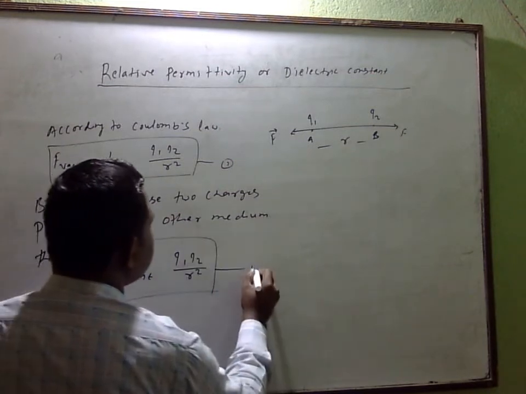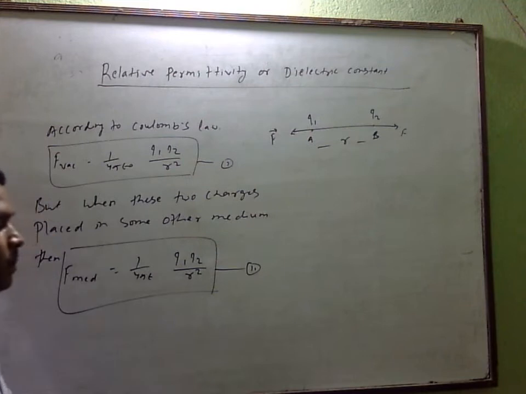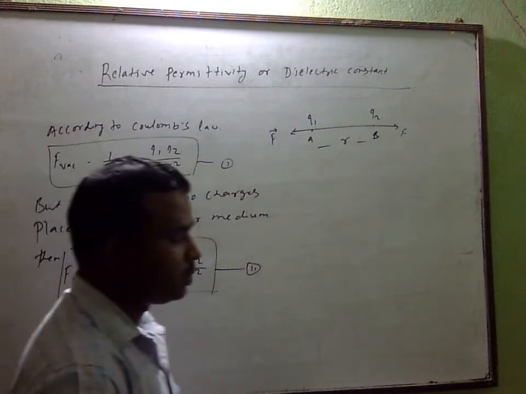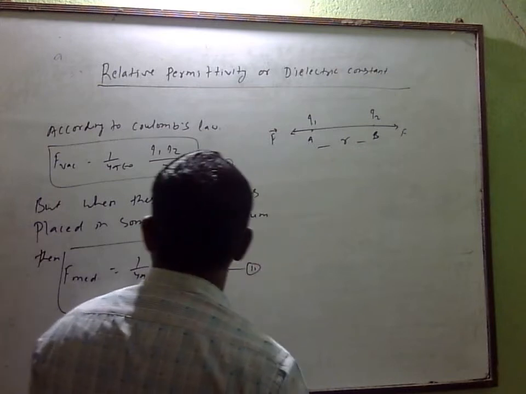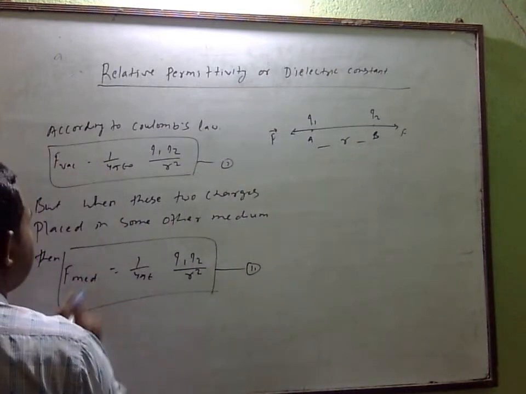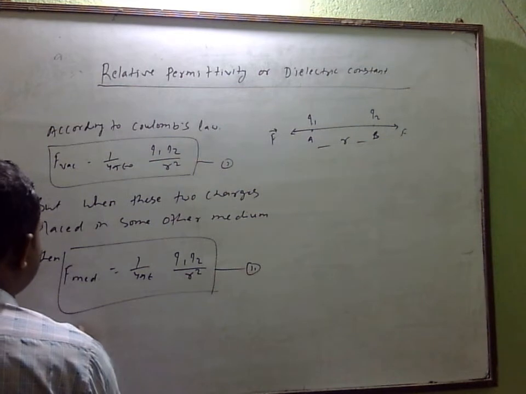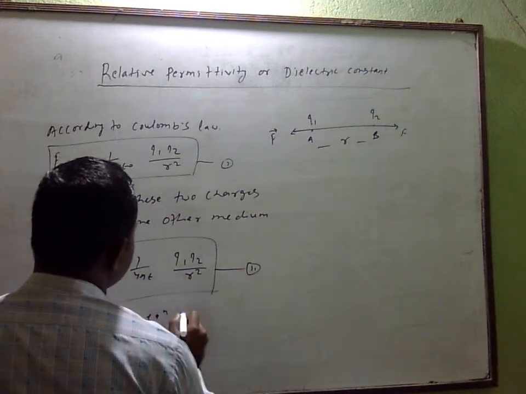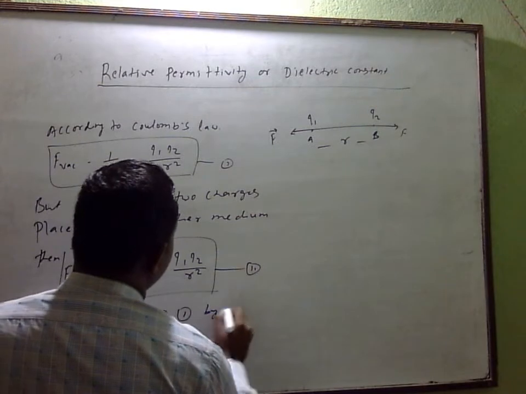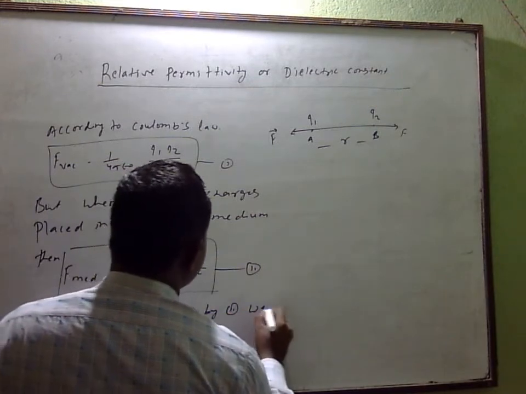Now you see that we have two equations, equation 1 and equation 2. Now we can divide these equations. Dividing equation 1 by 2, what do we get?